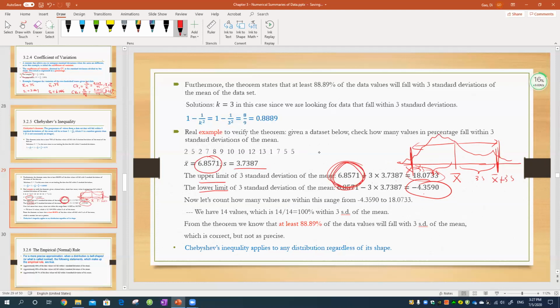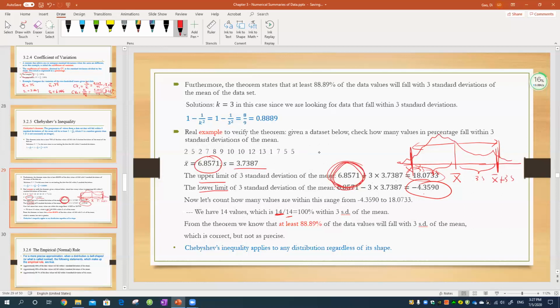And then we just count. This is a range, and we look at our data set, how many numbers are within the range. So we can check all of our 14 values are within the range. So 14 values within the range, compared with how many numbers we have in total, that's 100%. So we have 100% within 3 standard deviations of the mean based on this data set.